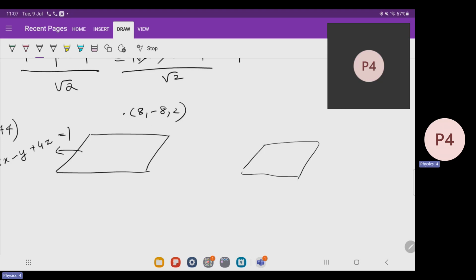So another point given by intersection of the line x minus 2 upon 3, y plus 1 upon 4 is z minus 2 upon, and this plane is a different plane, x minus y plus z equal to.